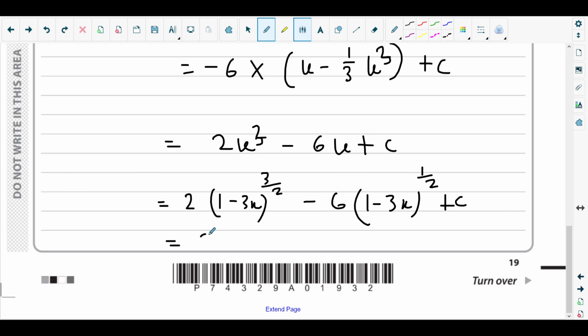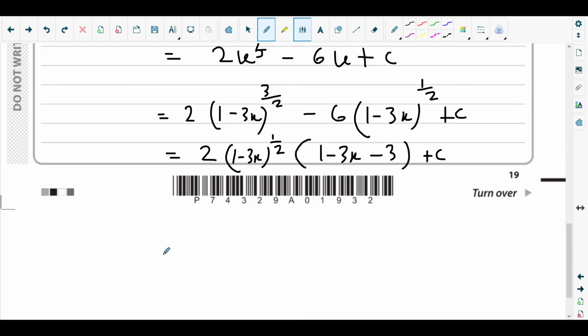We can take twice of 1 minus 3x to the power half common. Then you will get just 1 minus 3x from here, and minus 6 from there. Oh, we took 2 common. Remember, we took 2 common here. So 2 has been taken common, so that would be just negative 3, and then plus c. That's fine.